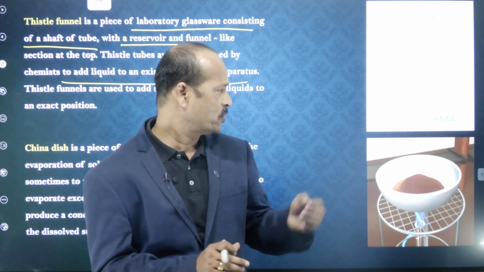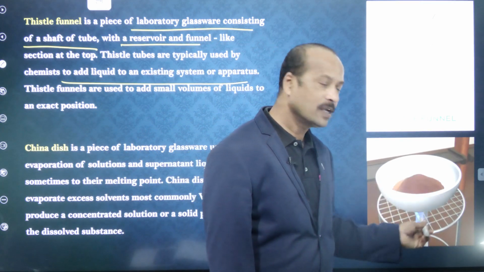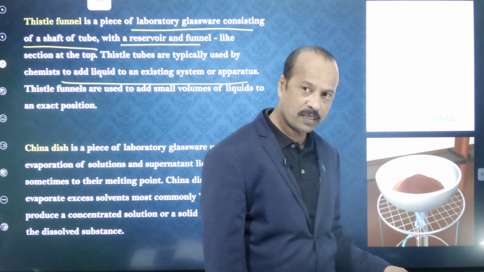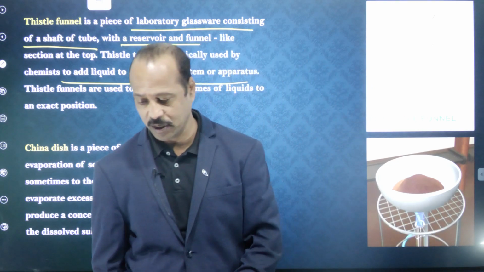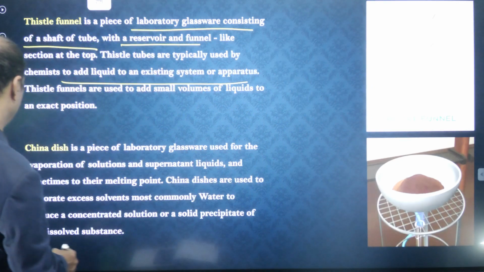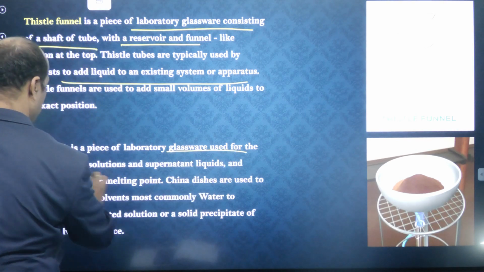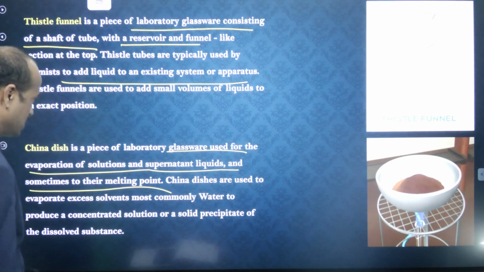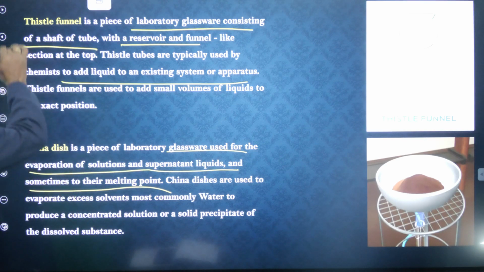In such cases, whenever you want to heat something in a small quantity, we use this China dish. Here is the China dish, the Bunsen burner, a tripod stand, and a wire gauze. It is a piece of laboratory glassware used for the evaporation of solutions and liquids. Sometimes it's used for melting points. So that is about the China dish.